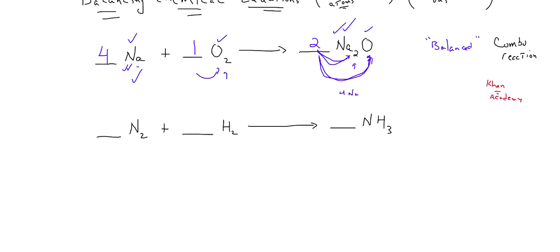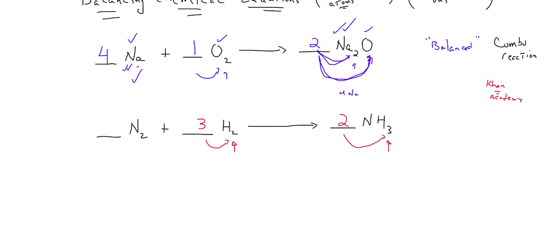Okay, but here's what I do. I see 3 hydrogens there. I see 2 hydrogens there. I think of something like the least common denominator. Like, what can I get them to combine? And the answer is 6, right? 2 and 3. So if I put a 3 here, now I have 3 times 2 is 6 hydrogens. If I put a 2 here, now I have 6 hydrogens. So the hydrogen's balanced.